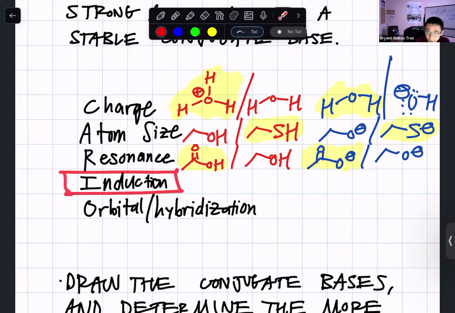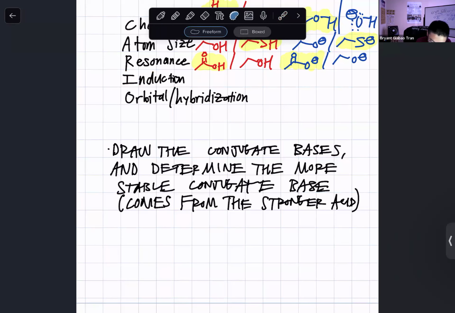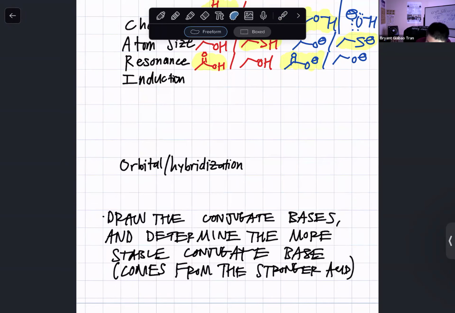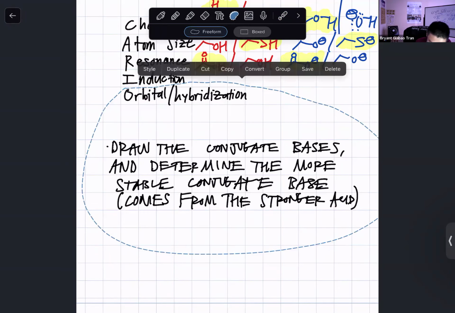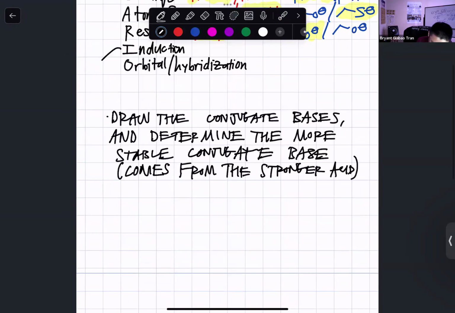And there are going to be 3 different scenarios for induction. Let me show you those 3 scenarios, and we'll go over the orbital hybridization after. Wait, actually, I want to keep that acronym like that. Let me go down like this.